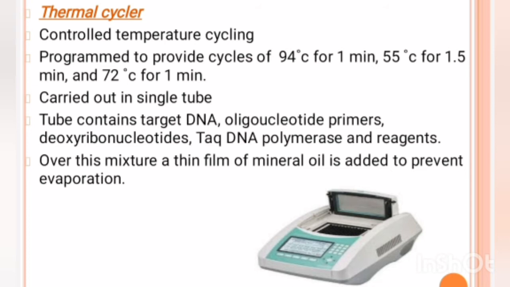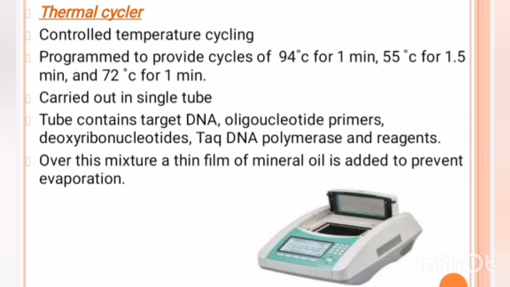So the tube contains the DNA to be amplified, reagents, 2 types of oligonucleotide primers, then deoxyribonucleotides and Taq DNA polymerase. The reagents include Tris-HCl buffer, magnesium chloride and potassium chloride.